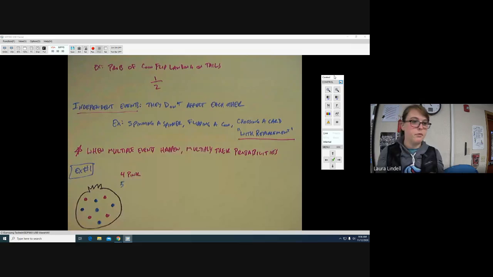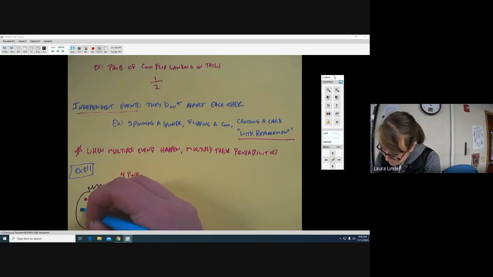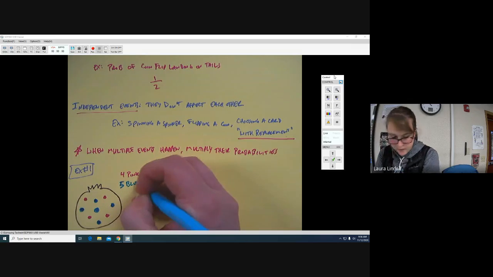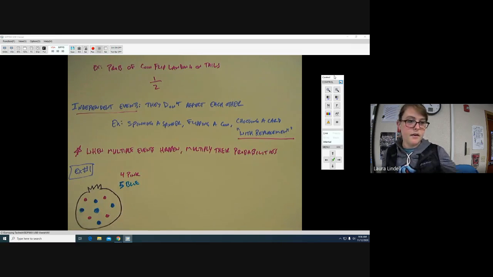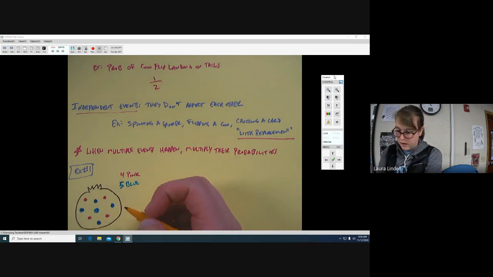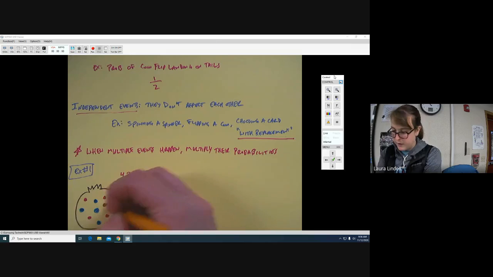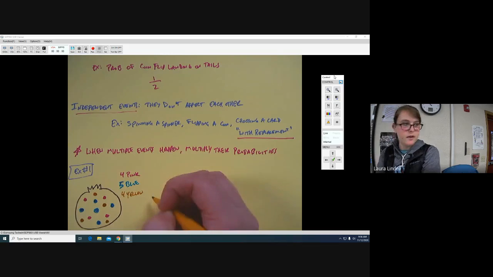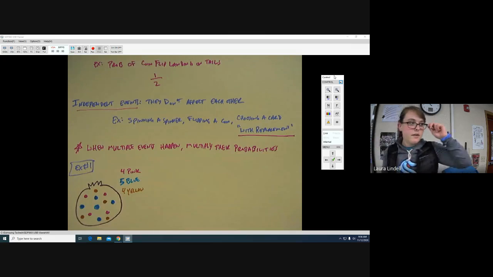If I can write with the blue pen. All right, and where's another color? Another one that's different enough. We'll do 4 yellow marbles, yellowish. They're a mustard yellow. Okay, so we have 4 pink, 5 blue, and 4 yellow.